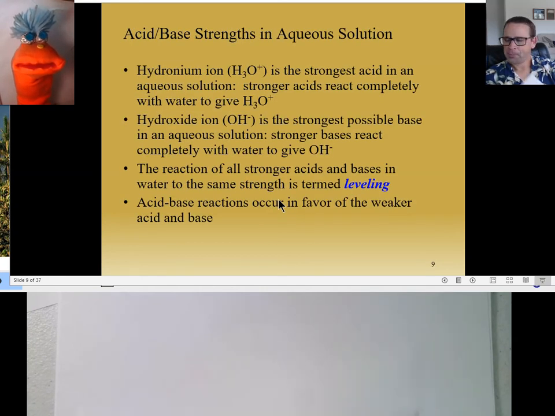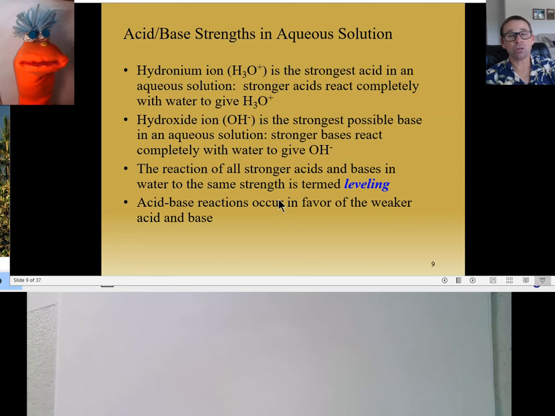All right. So the hydronium ion, H+, is the strongest acid in an aqueous solution. And the hydroxide ion is the strongest possible base in an aqueous solution. Stronger bases react completely to give just the hydroxide ion.